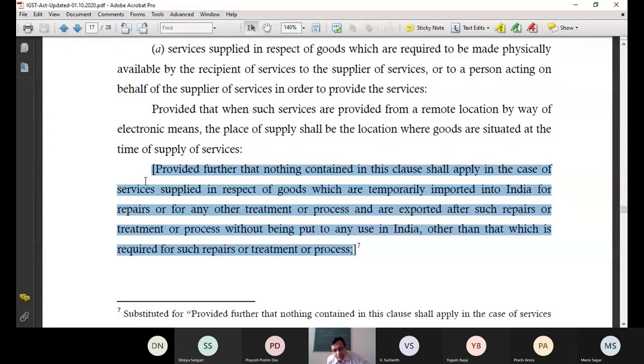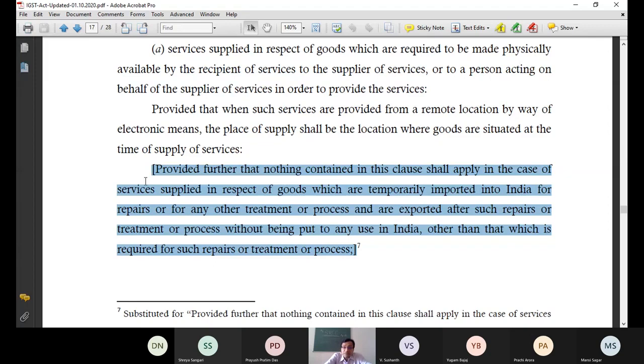Further, that nothing contained in this clause, which clause? Clause A of subsection 3 of section 13. Nothing contained in this clause shall apply. That means whatever provisions are written in clause A, how to determine place of supply under clause A, is not applicable in case of services supplied in respect of goods.